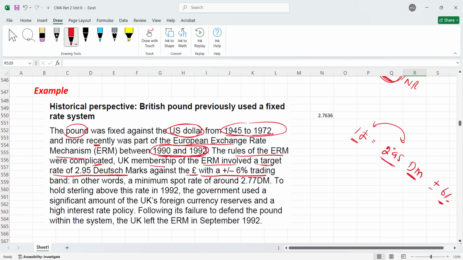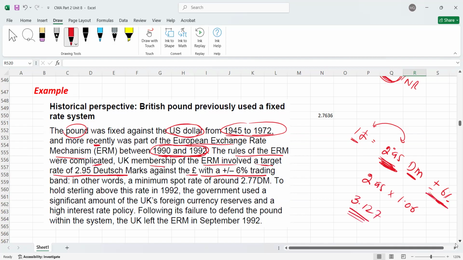It means if you add 6%, the maximum rate could go up to 2.95 times 1.06, which is 3.127. This was the upper limit, the maximum range.